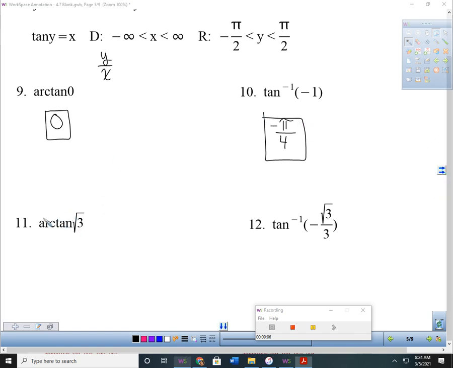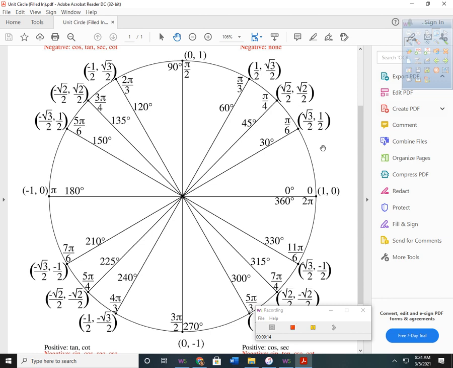All right, so what angle has a tangent value of the square root of 3? Well, I know it's positive, so it's going to be one of these, because if I divide any of these down here, they come out to be negative. Already on my unit circle, the one that I have handwritten down, I put the tangents out here, so it's helpful sometimes to go ahead and list what your tangents are.